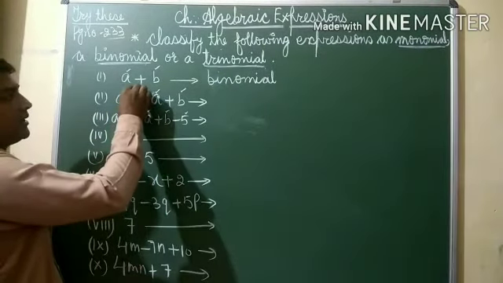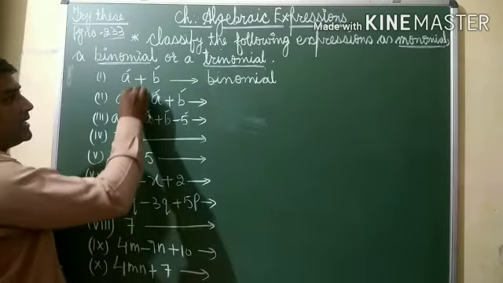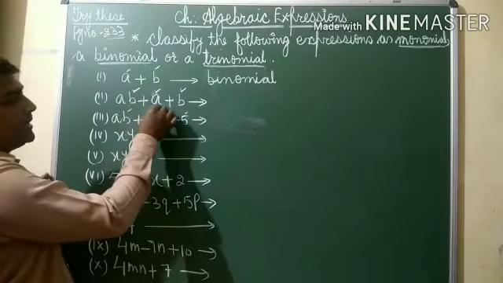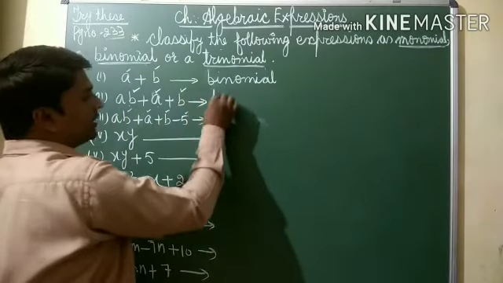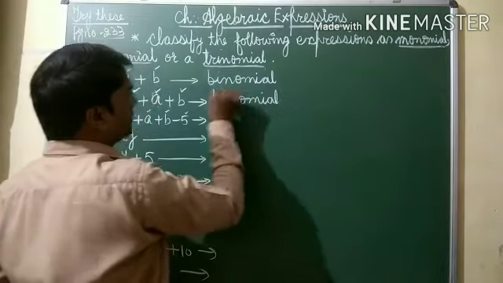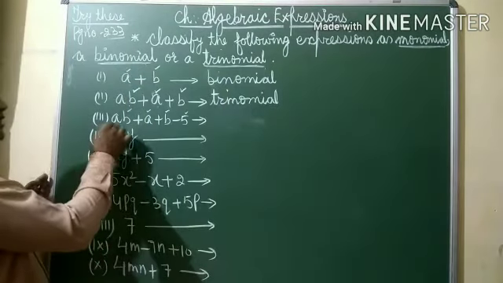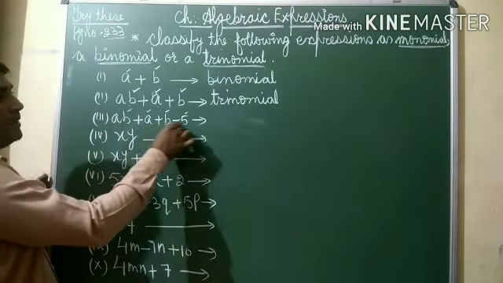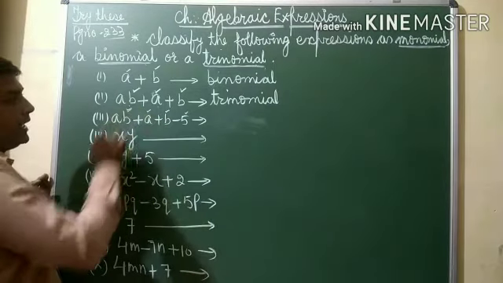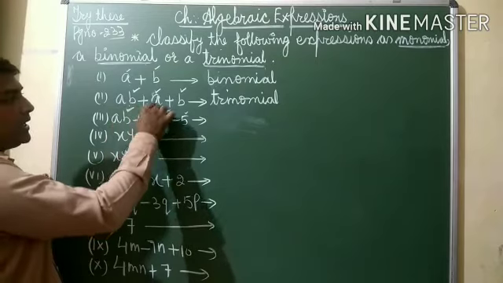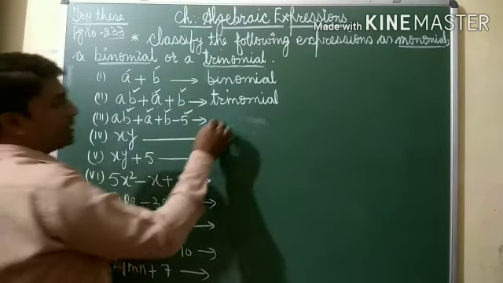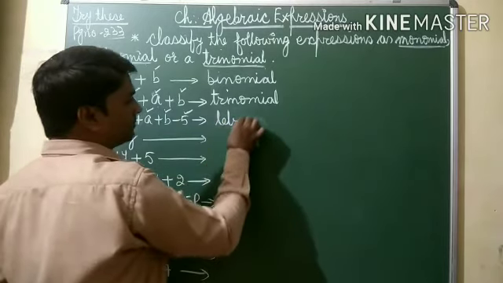Since this expression contains three unlike terms, that is ab, a and b, therefore ab plus a plus b is a trinomial. Next is the third expression ab plus a plus b minus 5. Since this expression contains four unlike terms, that is ab, a, b and minus 5, therefore this expression is a polynomial with four terms.